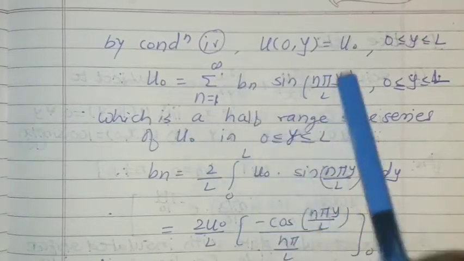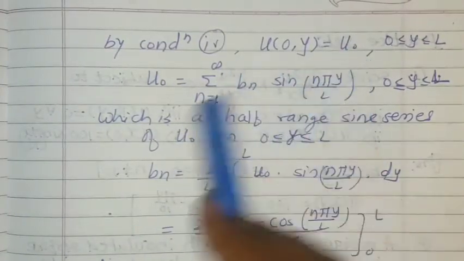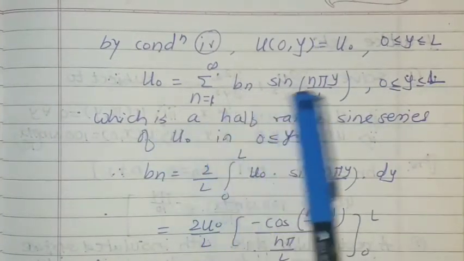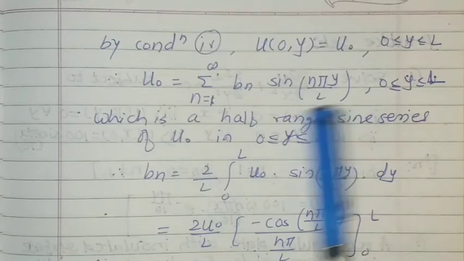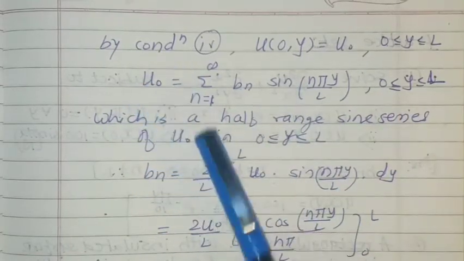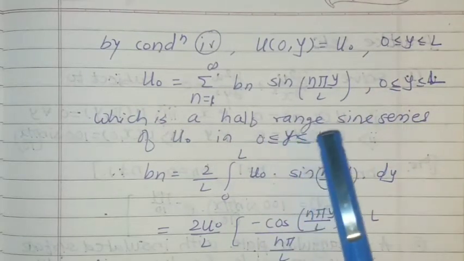Because of that, your series will be of this form. Now this series contains only sine terms and the range is from 0 to l. So clearly this is the type of series we have in a half range sine series. Therefore this is a half range sine series for the left hand side function, which is u0, in the interval 0 less than or equal to y less than or equal to l.